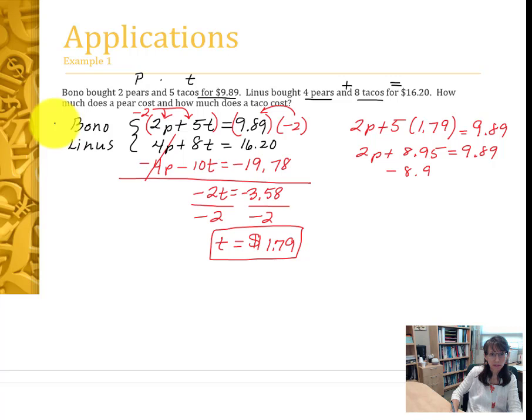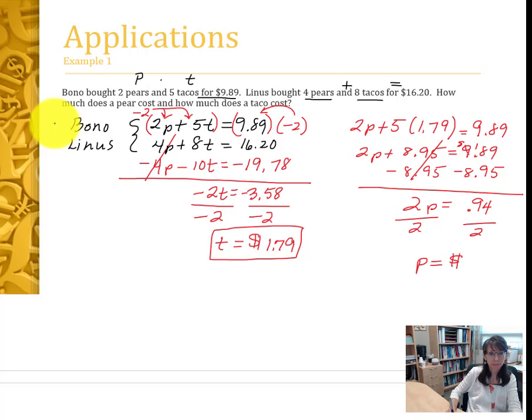Take away $8.95 from both sides. So when we have $9.89 minus $8.95, 9 minus 5 will give us 4 to borrow, and that leaves us 0.94. So when we divide by 2, we'll have the price of a pear. So 0.94 divided by 2 is going to give us 47 cents.